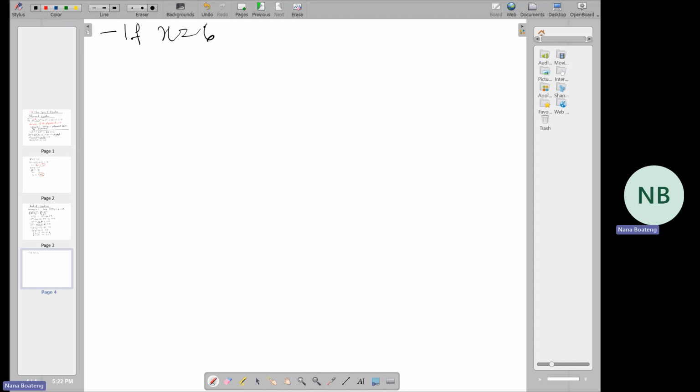we substitute into the original equation, square root of x plus 3 plus 3 is equal to x. We substitute 6 in here, and we have square root of 6 plus 3, plus 3 is equal to 6.